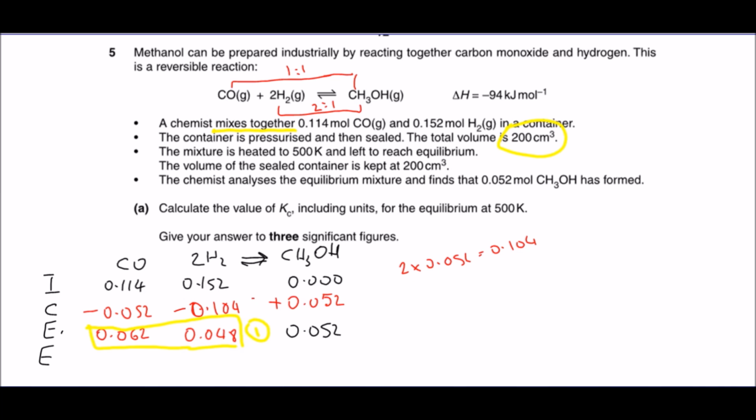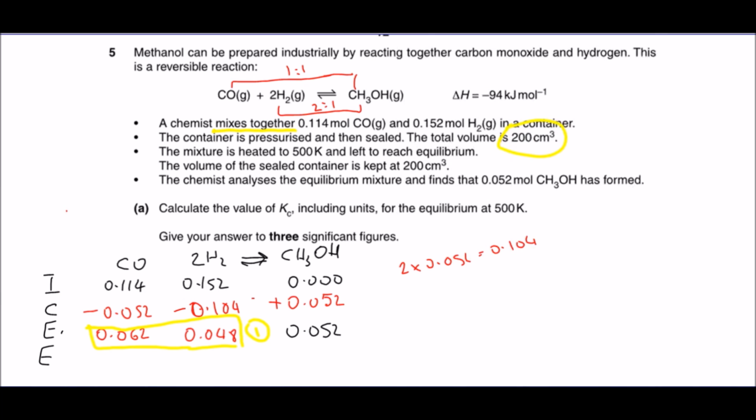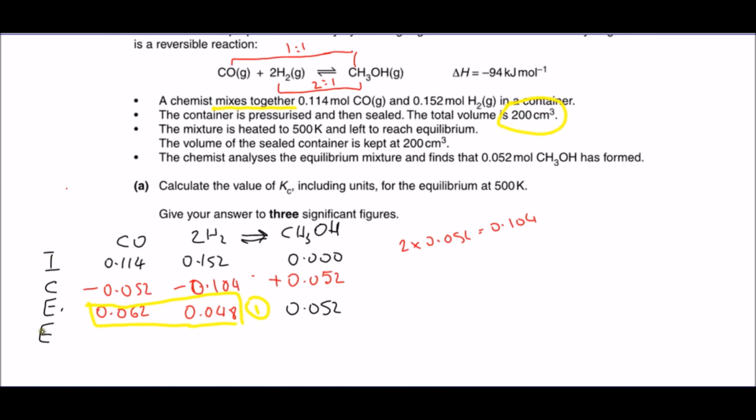Next we're going to do the equilibrium concentrations line. So remember, if you're doing an ice box, you will need this second E if the number of moles on each side of the equation is not the same. So on the left we've got 3 moles and on the right we've got 1, so we're definitely going to need to do that second line.